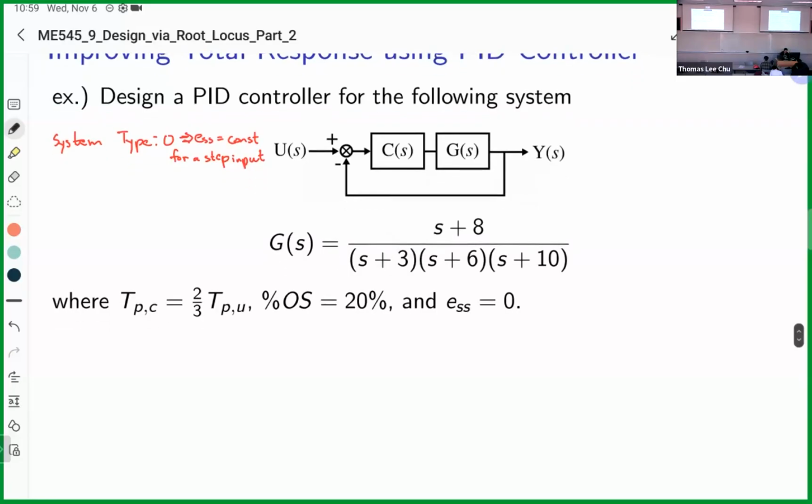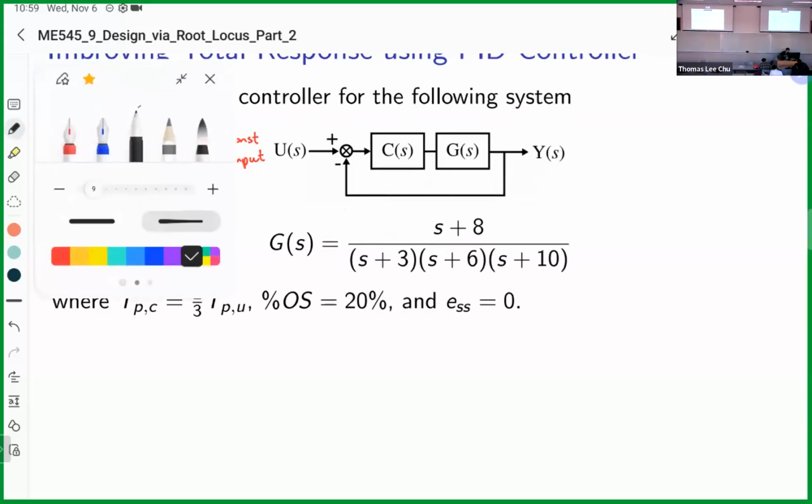And so I guess our game plan first is we want to determine the uncompensated performance using second order approximation.